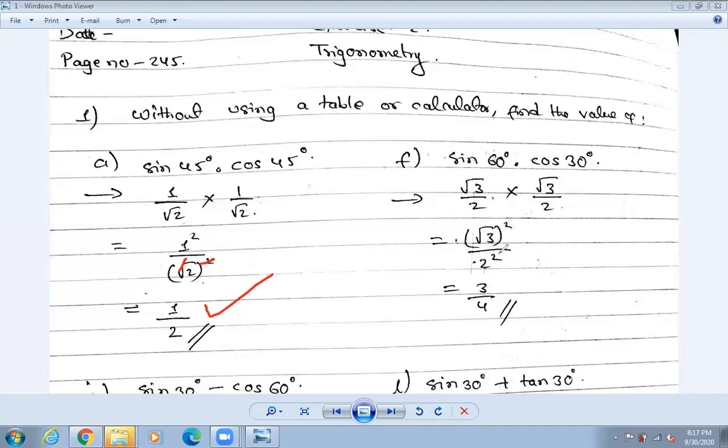Writing 2 square or 4 makes no difference, so square and square root will be cancelled. √3 into √3 is √3 square, so the square root cancels, and 2 into 2 becomes 2 square, which means 4. So 3/4 is our beautiful answer. Did you understand or not? √3 square over 2 into 2, 2 square, so 3/4 is your answer.